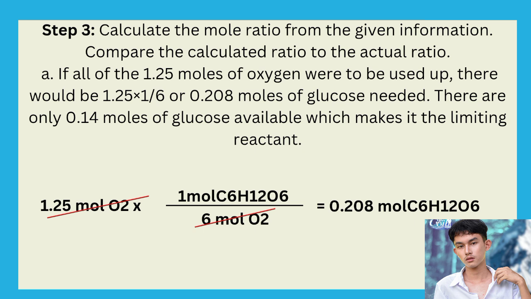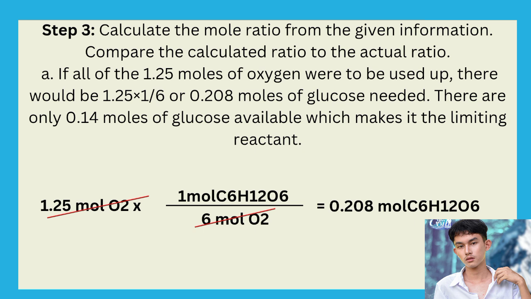Step 3. Compare the mole ratio calculated from the given information to the actual ratio. If all of the 1.25 moles of oxygen were to be used up, there would be 1.25 times 1 over 6, or 0.208 moles of glucose needed. There are 0.40 moles of glucose available, so glucose is in excess.